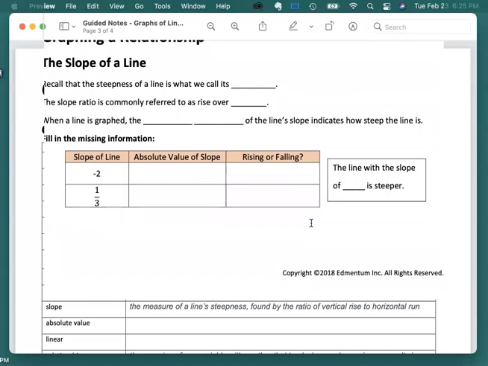If you want to know which one is steeper, it would be helpful to graph them. For a slope of -2, if I were to graph this really fast, if I started here and go down 2/1, down 2/1, it would look like that.